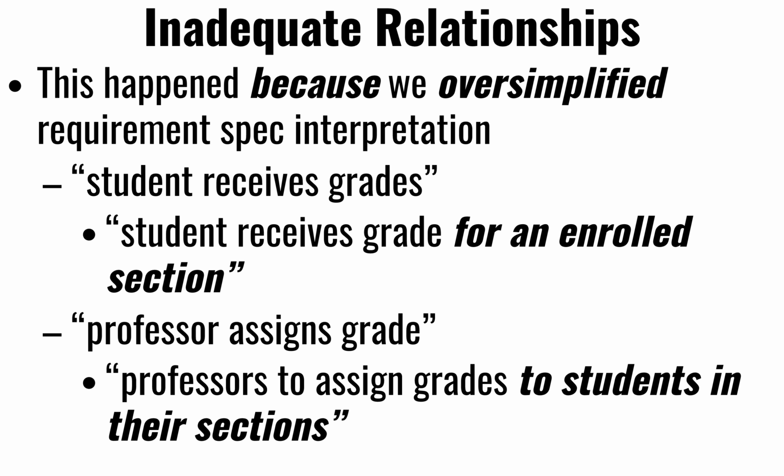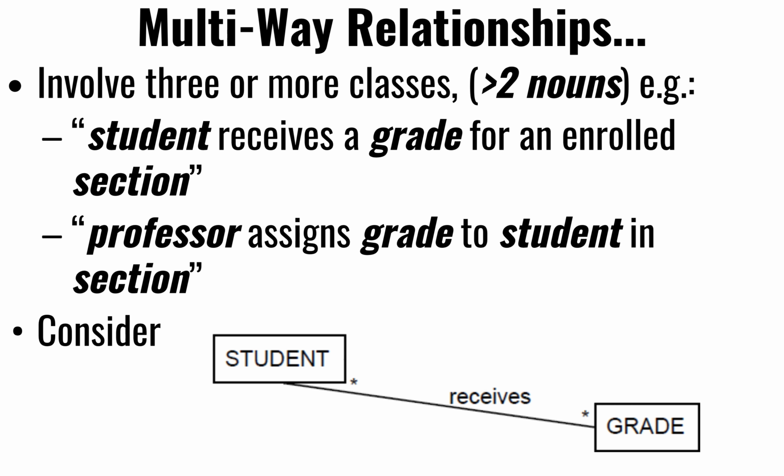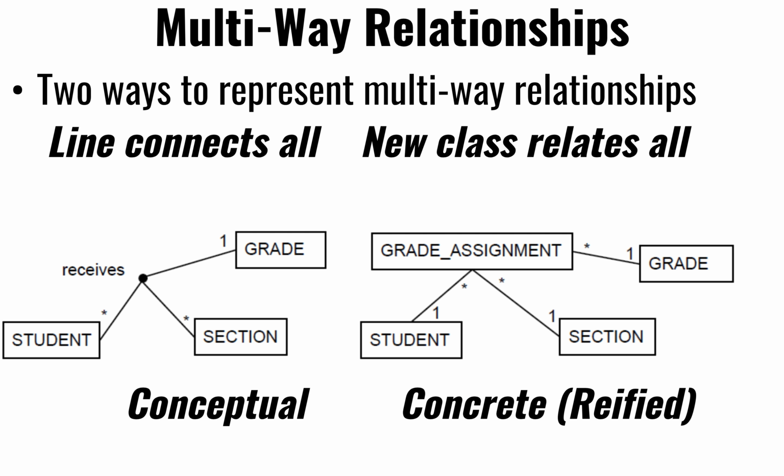So it could be a three-way relationship, or a two-way relationship, or a four-way relationship, depending on how we read it. So this first approximation of student receives grades actually should have been a three-way relationship, right, where you have a student, a section, and a grade. Right?